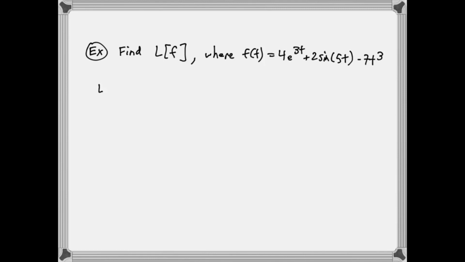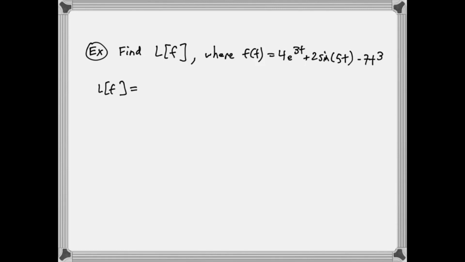So I want us to find the Laplace transform of f, where f of t is equal to 4e to the 3t plus 2 sine of 5t minus 7t cubed. Okay? So what would the Laplace of f be?